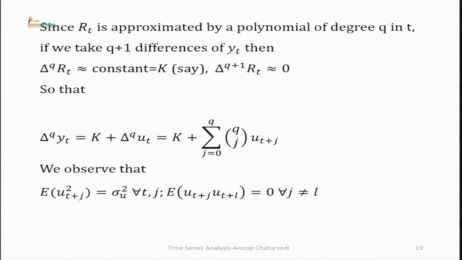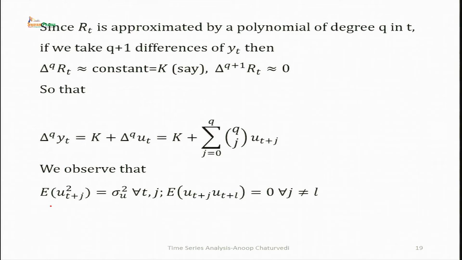So, we take q differences of y t, delta q y t is equal to some constant k plus delta q u t, and then you can write delta q u t in this form. Then we have already assumed that the variances of u t are sigma square u for all t.